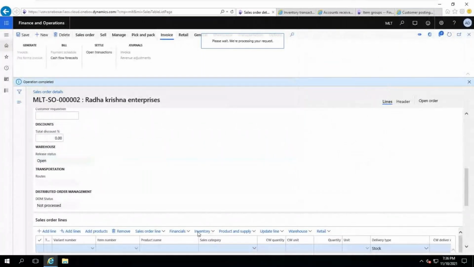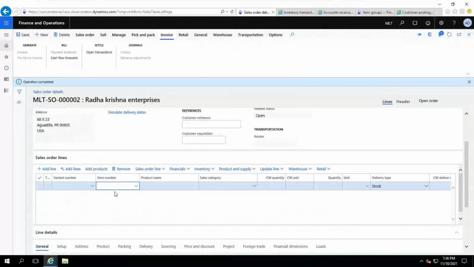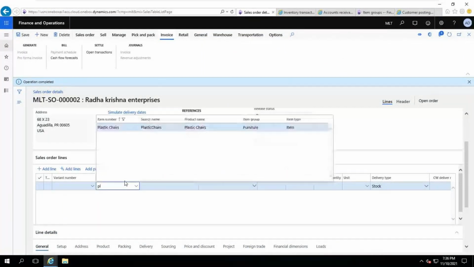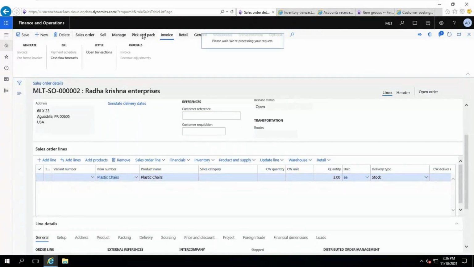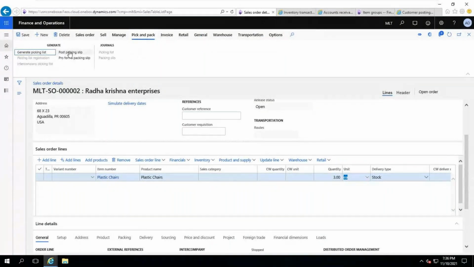So select the item, plastic chairs, whatever it may be. Click tab, suppose 3 quantity. Now I am doing packing slip. Now I will get error messages. Post packing slip I am doing.